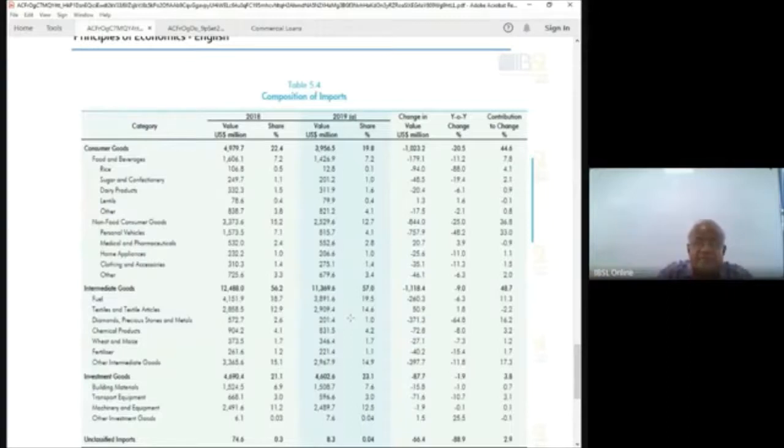Fuel is a key material input to the production of almost all products. Fuel imports are around 3.8 billion US dollars. And second is investment goods, 4.6 billion.